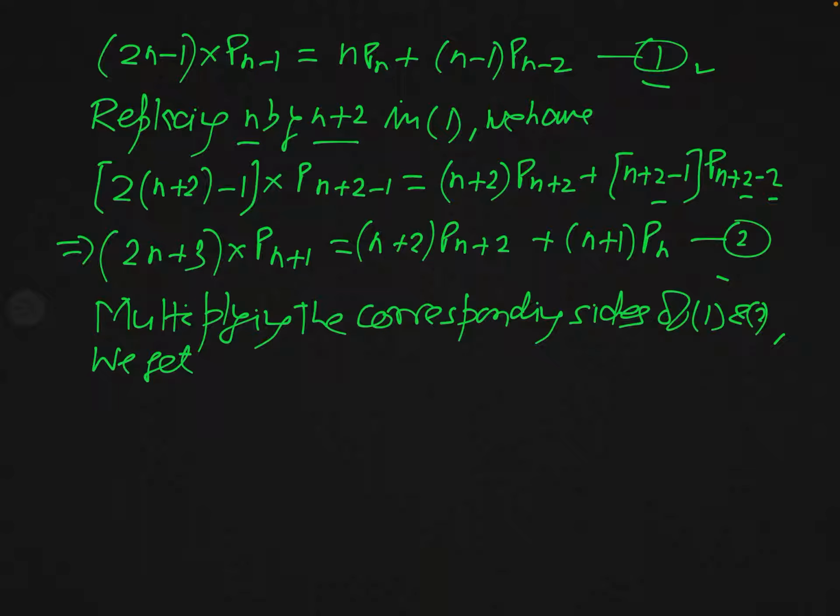You can see easily in LHS in equation 1 the term is 2n minus 1 into x pn minus 1, and in equation 2 the term in LHS is 2n plus 3 into x pn plus 1.